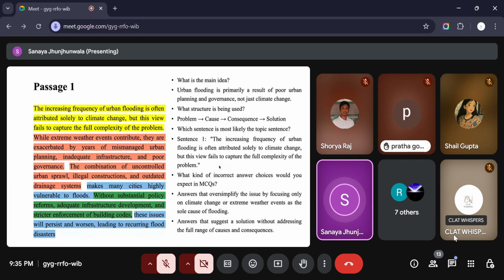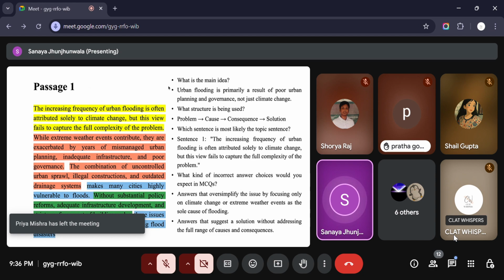And if they ask you for the topic sentence, the first one, which is the yellow one, is the topic sentence. That is, the increasing frequency of urban flooding is often attributed solely to climate change, but this view fails to capture the full complexity of the problem. And the next is, what kind of encouraged answer choices would you expect in MCQs?